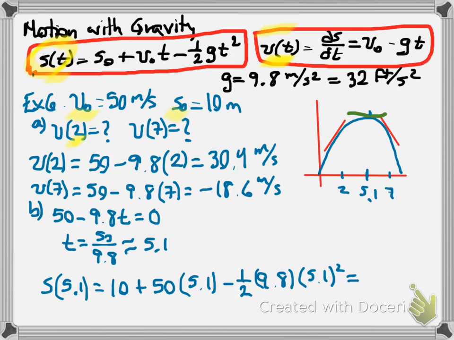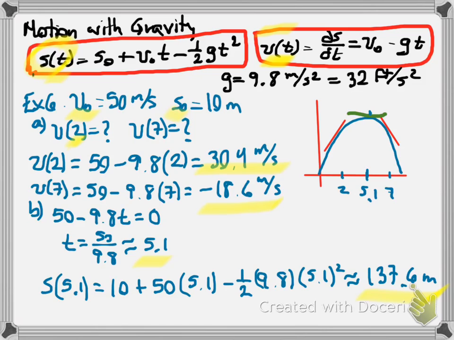That is approximately, that's the difference between an equal sign, 137.6 meters, and that is my answer. In this case, these are the answers.